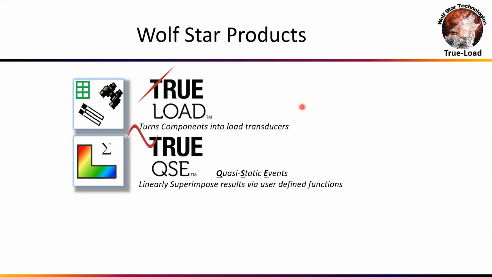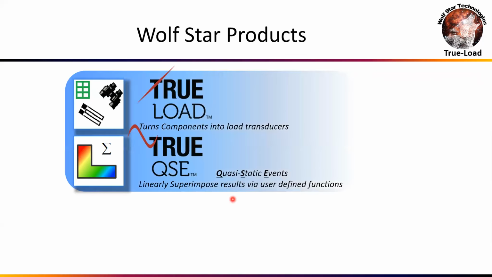The second tool from Wolfstar Technologies is a product we call TrueQSE. QSE stands for quasi-static events. Basically, this will take individual result sets from your FEA model and allow you to linearly superimpose them via user-defined functions. That capability by itself is really great, but when you use TrueLoad, TrueLoad develops time histories of loading that map back to individual result sets in your FEA model.